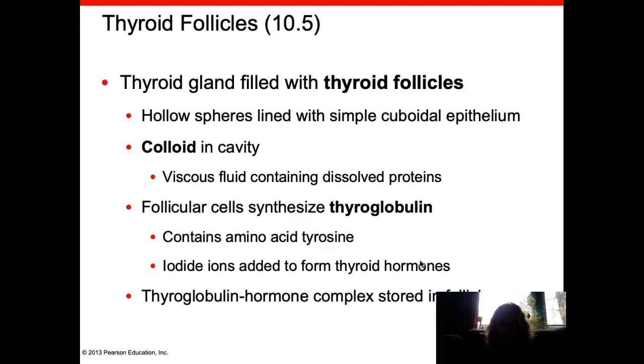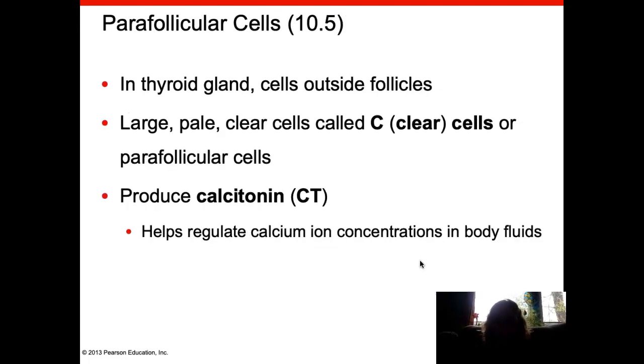So the cells produce thyroglobulin, and this thyroglobulin requires iodine, and this will be stored inside the follicle. Outside the follicles, there are cells that produce a calcium-regulating hormone, calcitonin.